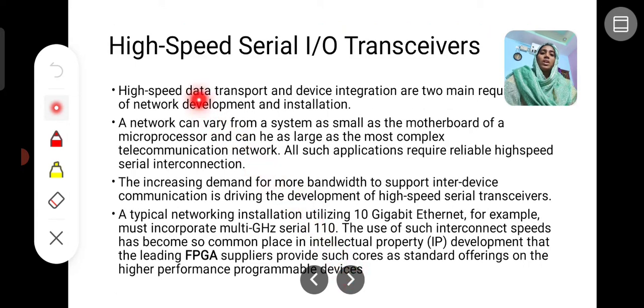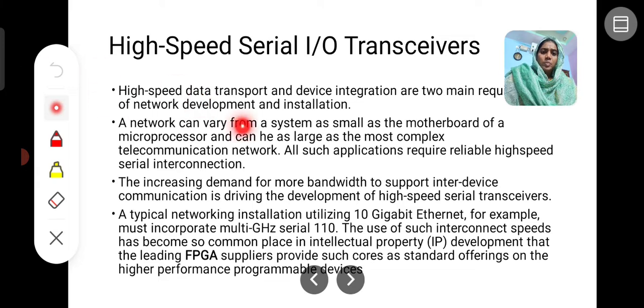The next topic is high frequency serial IO transceivers. In FPGAs, most of the devices use serial communication. Mainly we have two types of communication: parallel communication and serial communication. In FPGAs we use serial IO transceivers, input and output transceivers, which have transmitters and receivers.